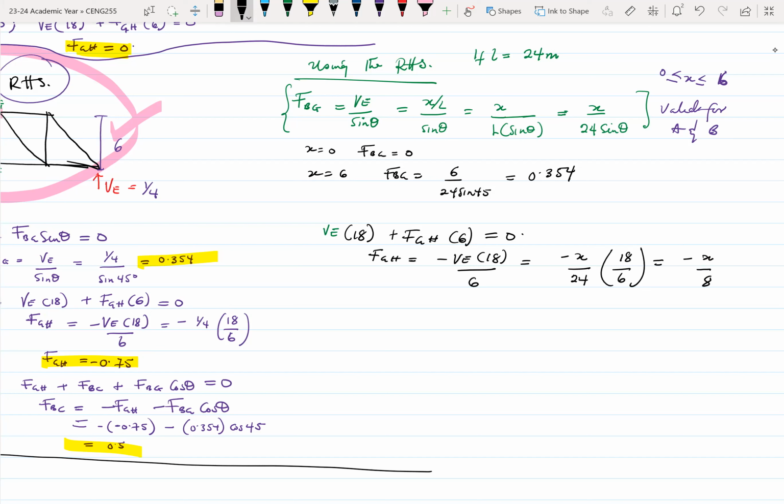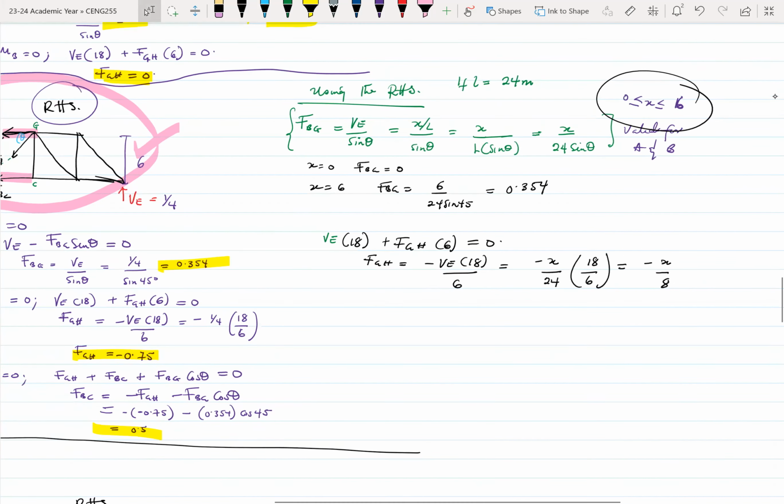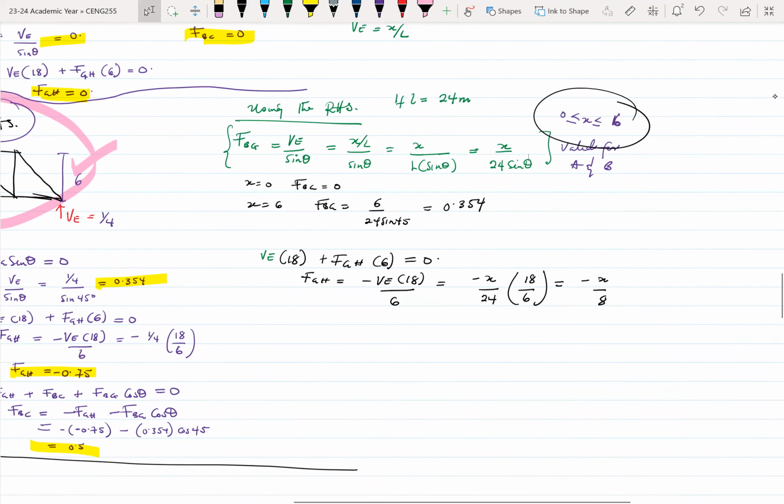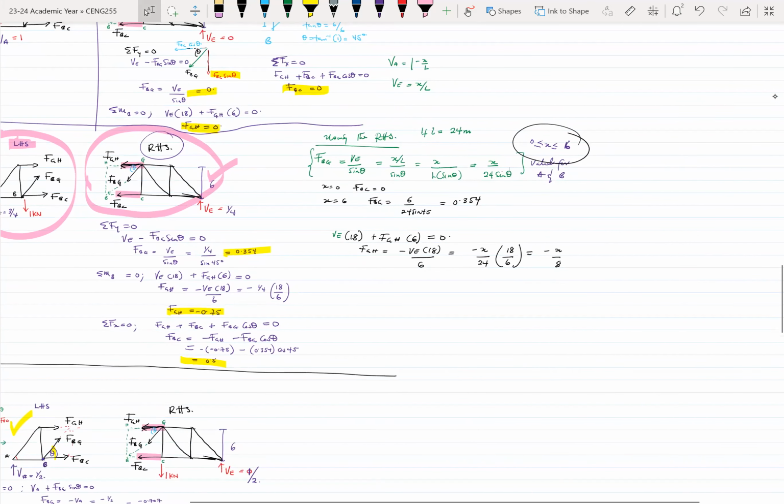Again, this equation is also valid for just this case, for the right hand side. Okay. So if x is 6, it becomes minus 6 over 8, and minus 6 over 8 is minus 0.75.